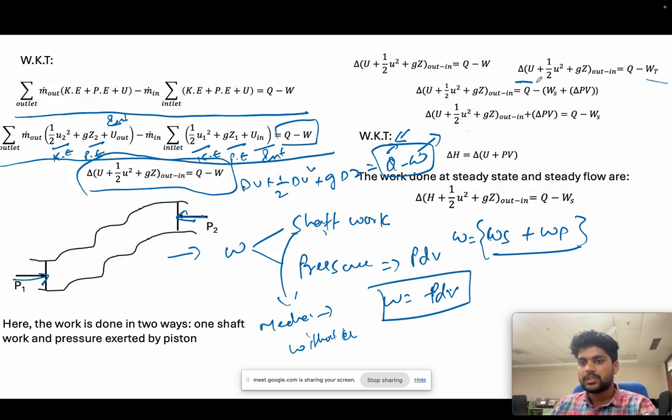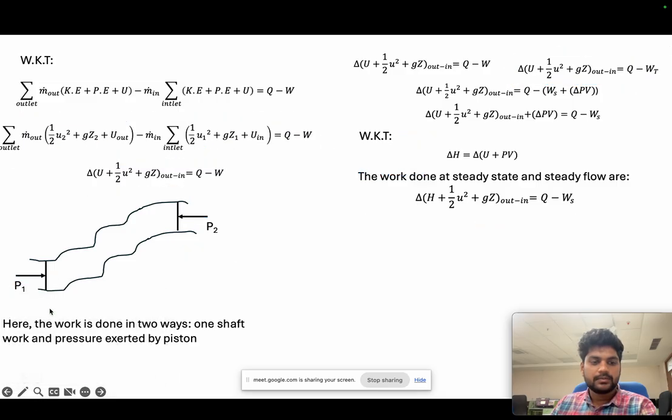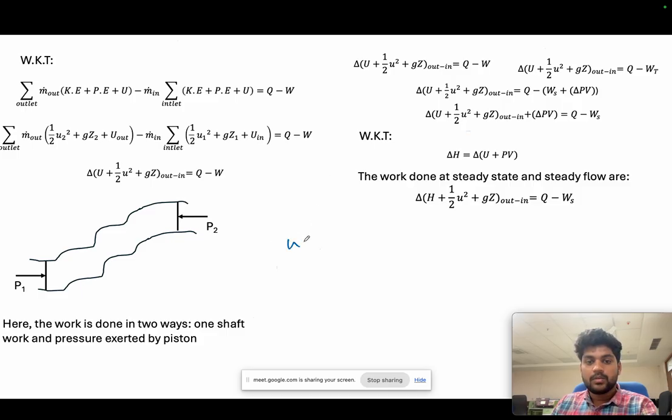If you see this equation, just see this equation. Now I will remove all this. So basically, W total equals W pressure plus W shaft work.